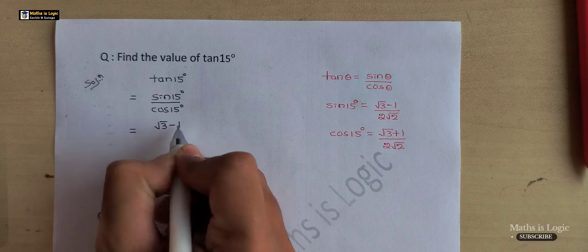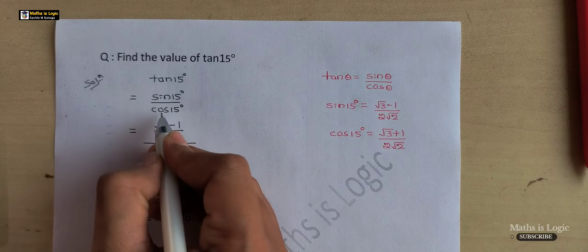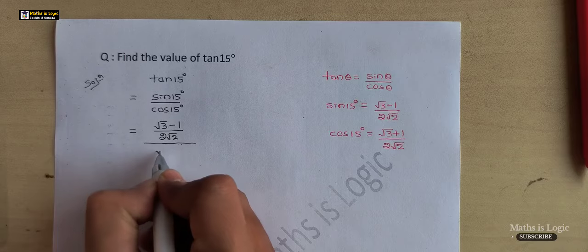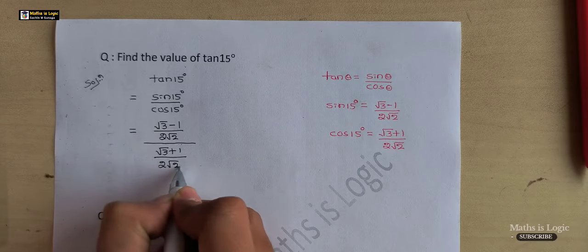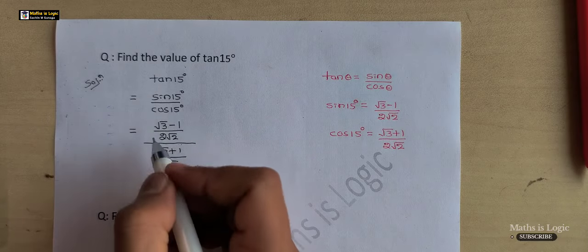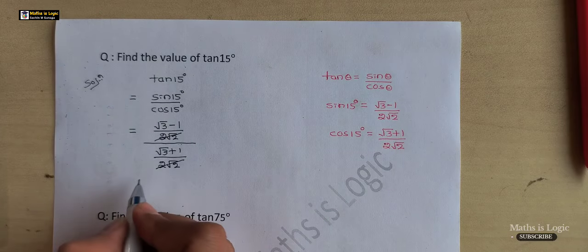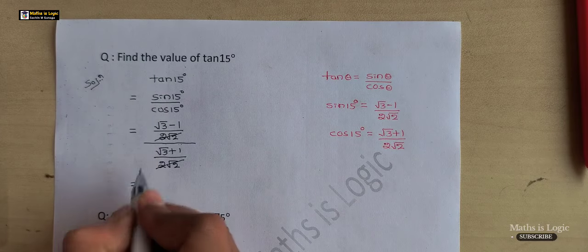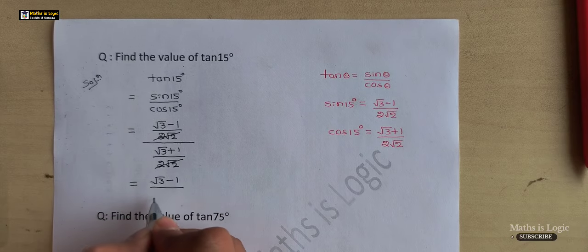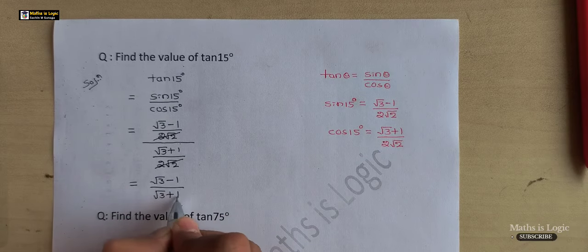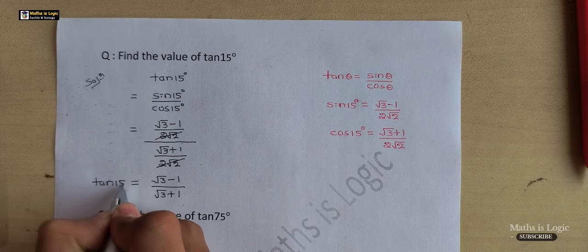Root 3 minus 1 divided by 2 root 2 divided by cos 15 degree, which is root 3 plus 1 divided by 2 root 2. After substituting the values, easily we can cancel 2 root 2 and 2 root 2. So which is equal to, what is the remaining answer? Root 3 minus 1 divided by root 3 plus 1. So this is the value of tan 15 degree.